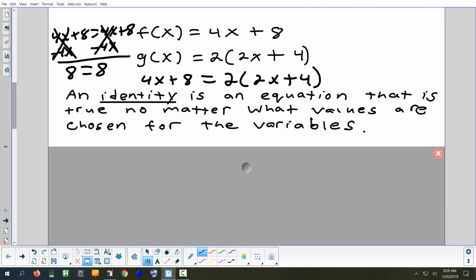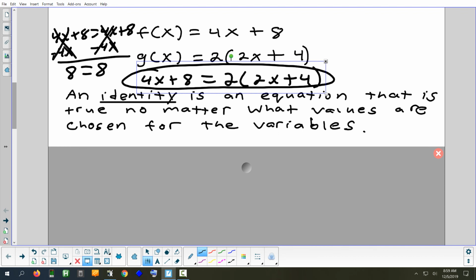When you solve an equation and all the letters disappear, and you get a true statement, like 8 equals 8 or 12 equals 12, something like that, that's called an identity. That means if you were to try to solve this original problem, the answer for x is anything you want. You could plug in 2 and it would work. Plug in 5 and it would work. You could plug in anything. Because what's on the left and what's on the right is the same thing.